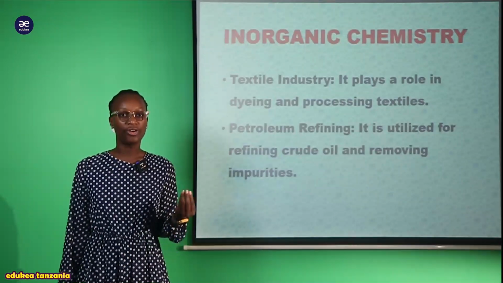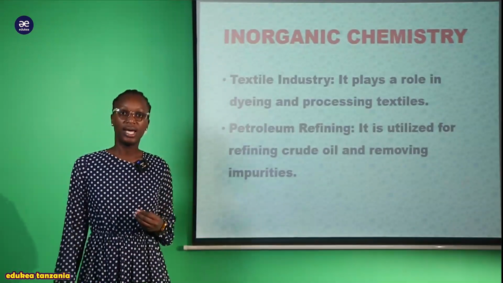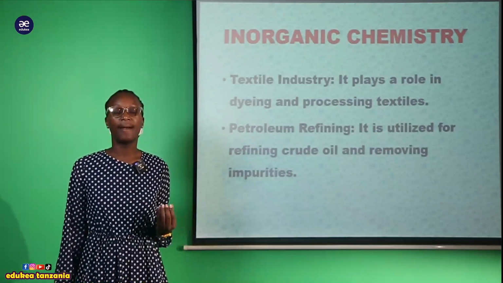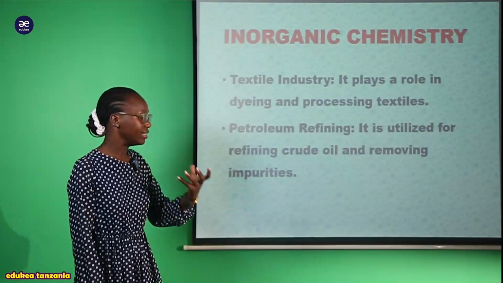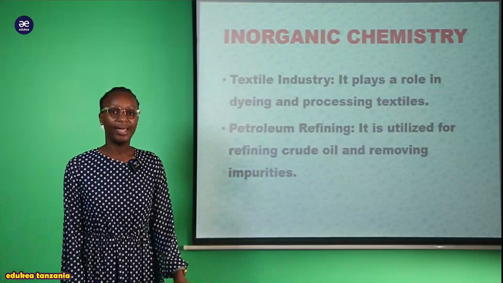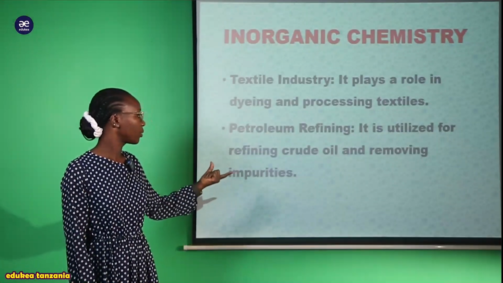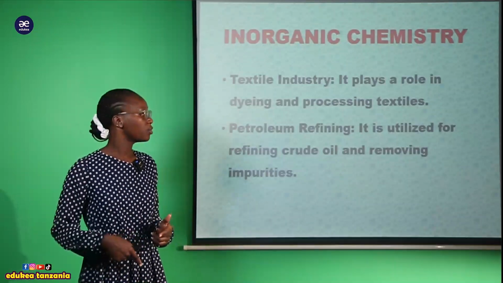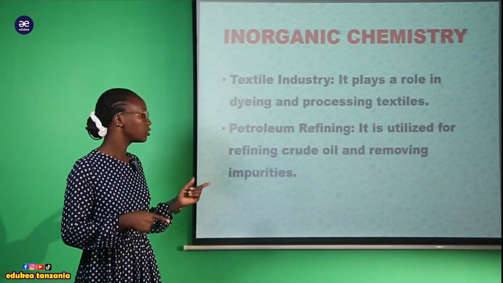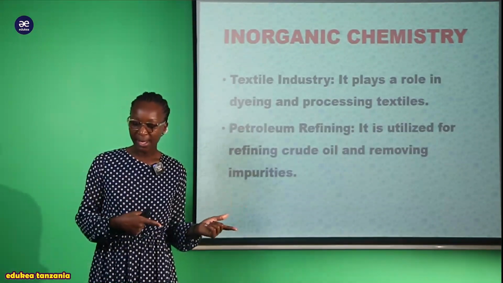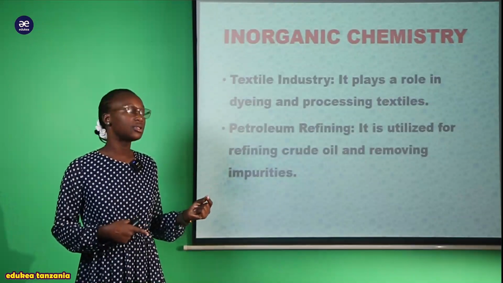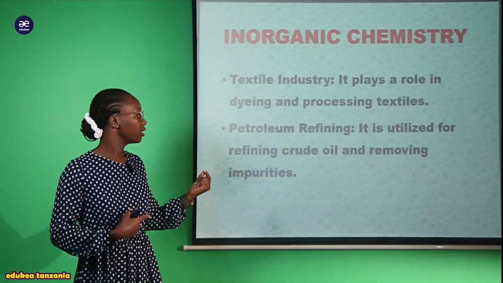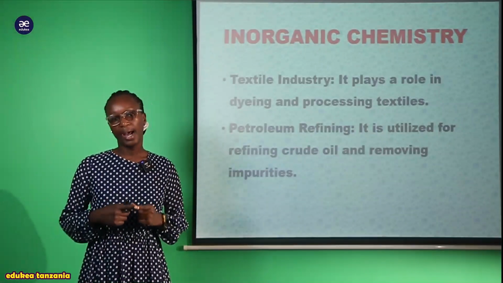Kwa hiyo tunahitaji kufanyia hiyo refining process ili tuweze kuremove some of the unwanted, ili tupate kile ambacho ni kitu ambacho tunakihitaji. For instance, petrol. Hii petroleum inatoka wapi? Inatoka kwenye hii crude oil. Kwa hiyo inafanywa extraction process, au inafanywa hiyo refining process. Kwa hiyo tutakuja kuona kwamba the main source which is useful in this crude oil katika kufanya refining of the petroleum is the sodium hydroxide.